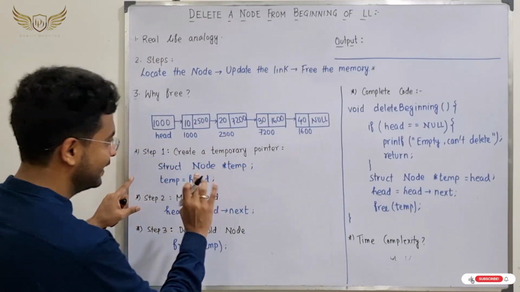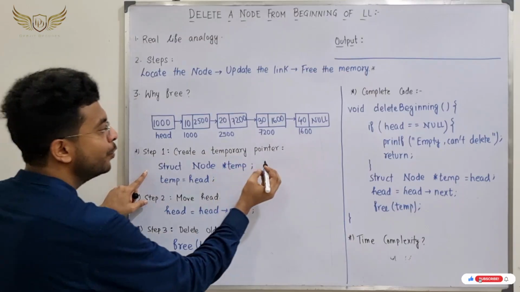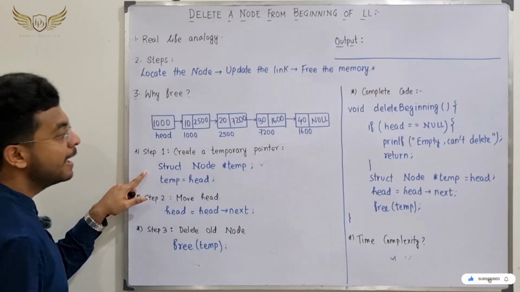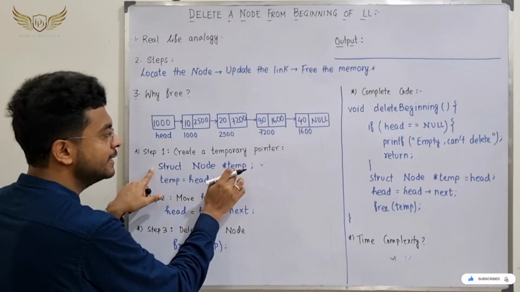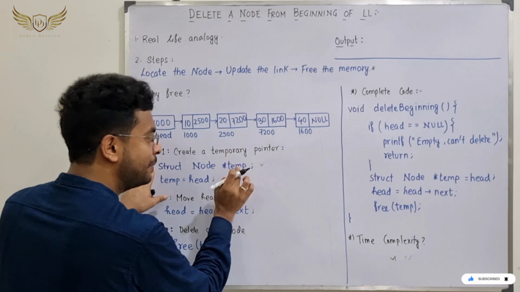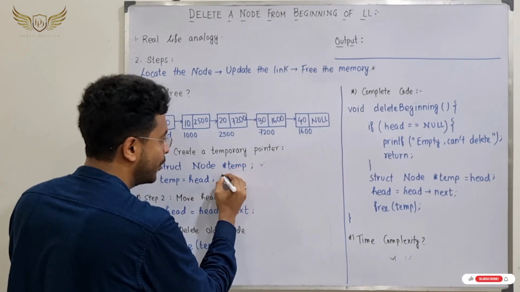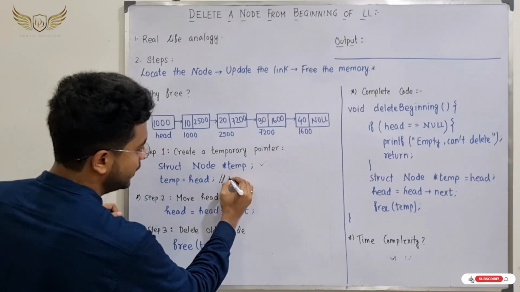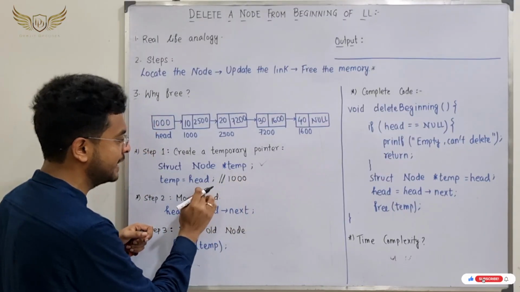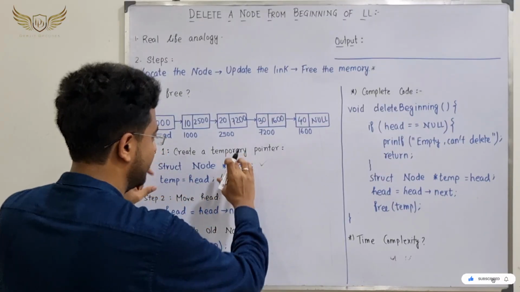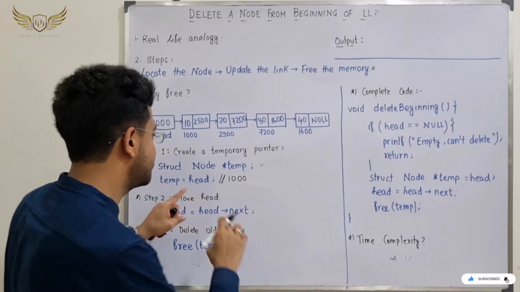See, there is a thing. You'll understand. First of all, we are taking a temp, and temp is a pointer. We have taken a temporary pointer, and temp is holding the value of head. So what is head holding? 1000. So temp is now holding 1000. So temp has taken the value from head. For the time being, just understand. After say 2-3 minutes, you'll understand why temp.